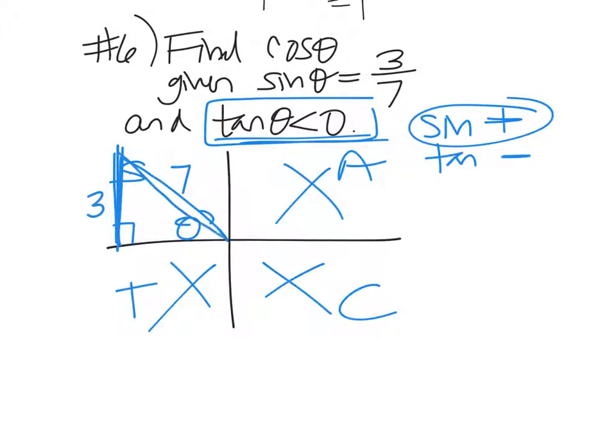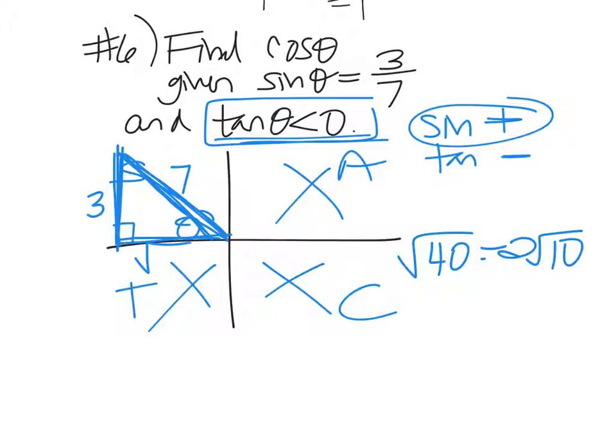Yes. Should that side be positive? Yeah, the hypotenuse is always positive. And then let's go ahead and find out what the adjacent side is by using the Pythagorean Theorem. What is it, rad 40? 7 squared minus 3 squared, rad 40, which is 2 rad 10. But what is it? It's negative.